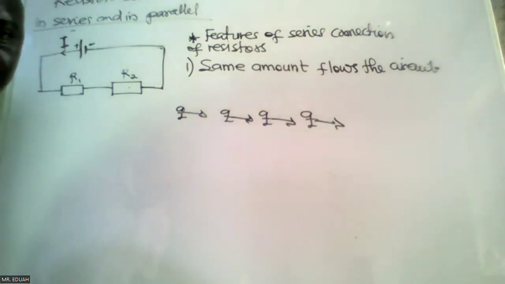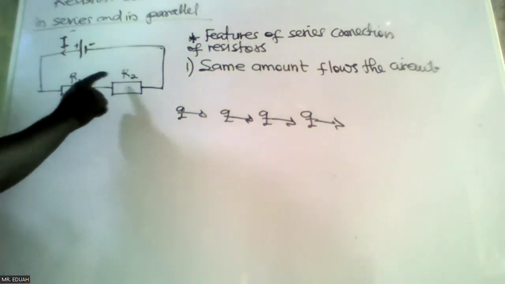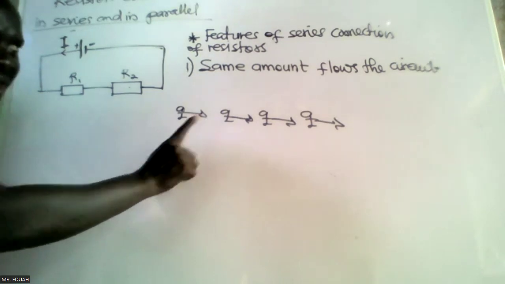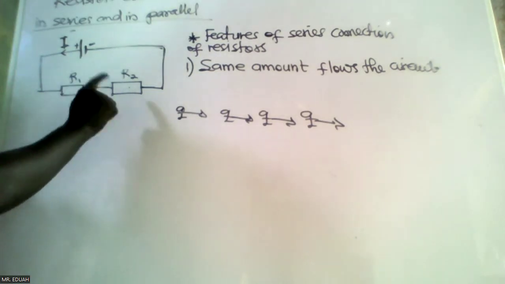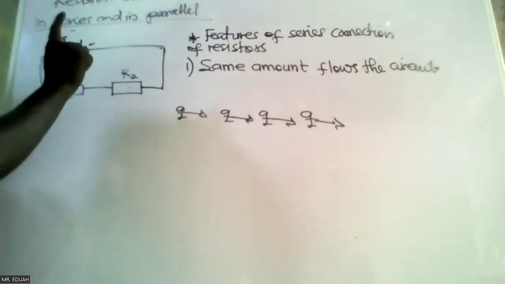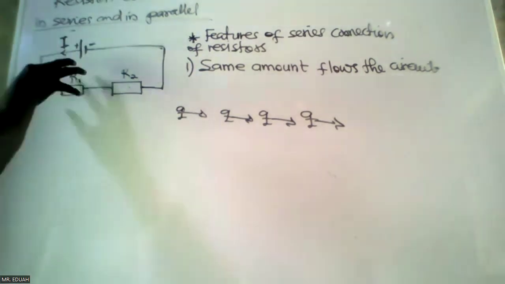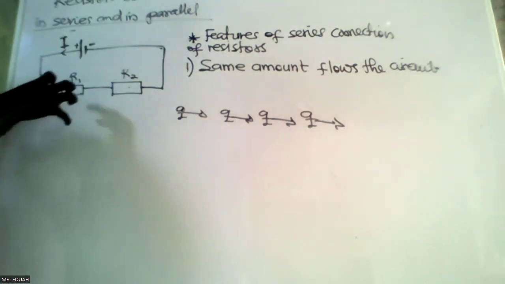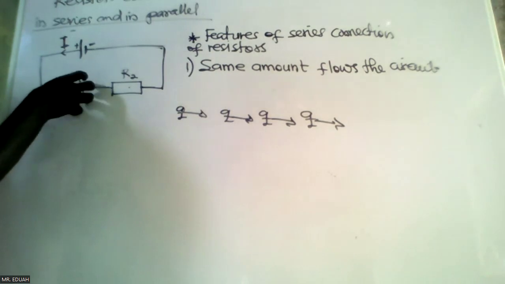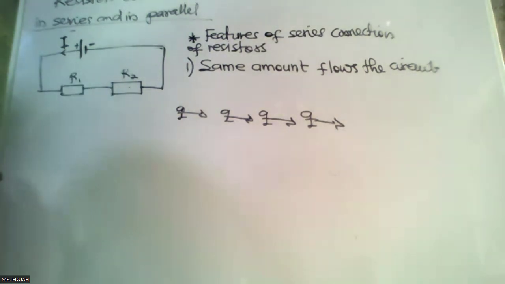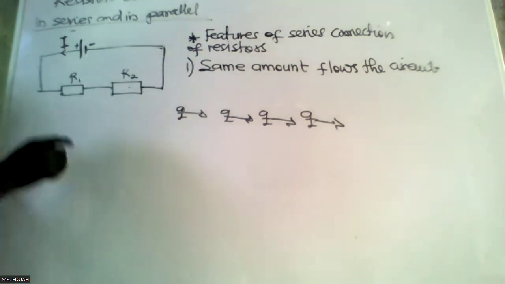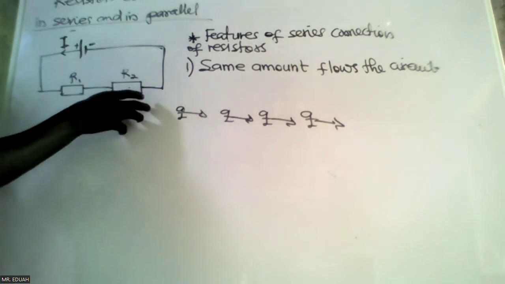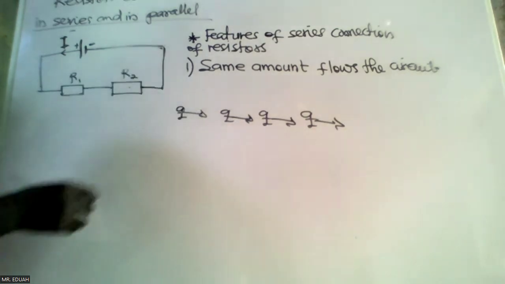And that is what we have indicated by R1, R2, R3, meaning R1 is different from R2. So the rate at which the household uses the current will be different. So R1 will be different from R2, R3, on and on.